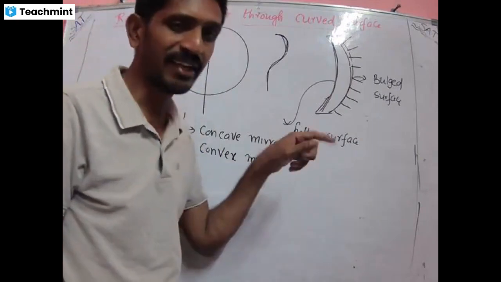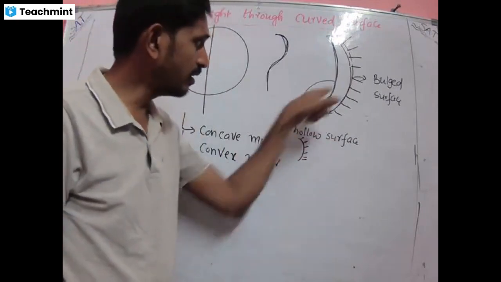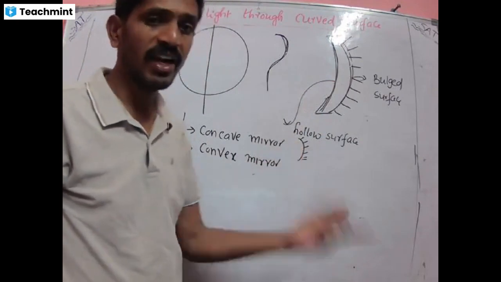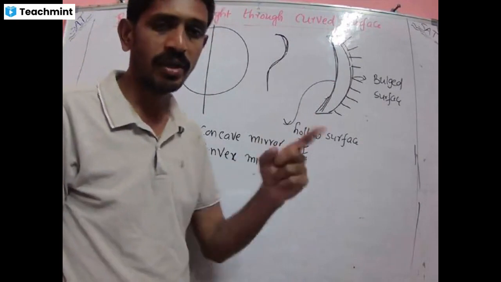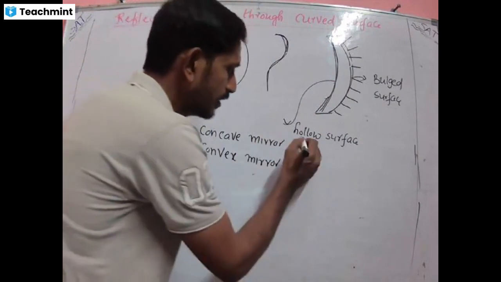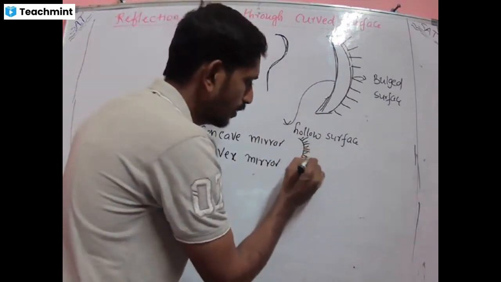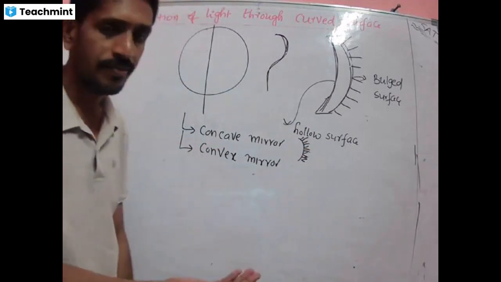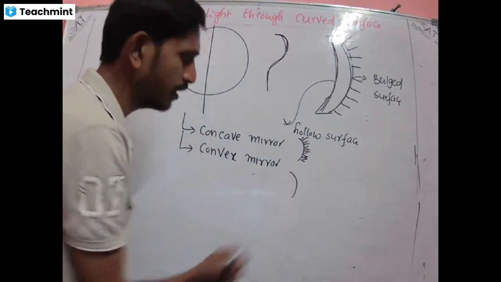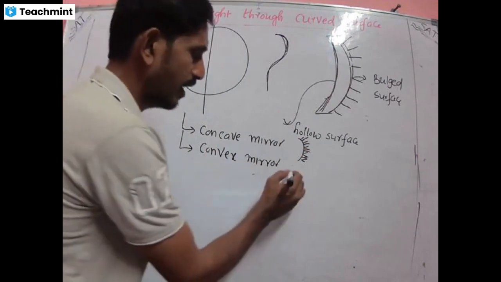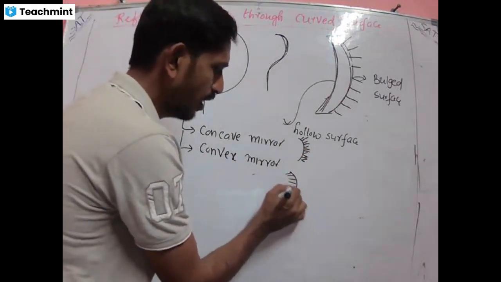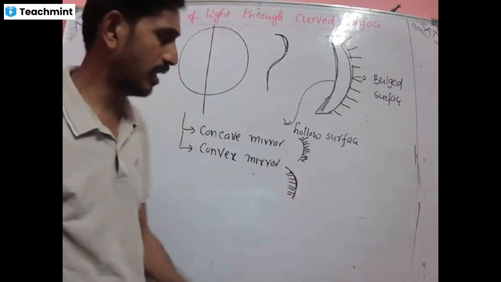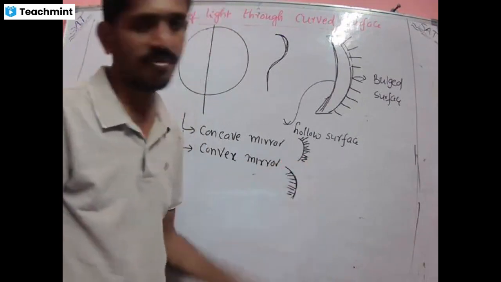The outside bulged surface should be silver coated. This is called a concave mirror. Next, what about the convex mirror? The outer surface should be the reflecting surface, and the inner surface should be silver coated. This is called a convex mirror.